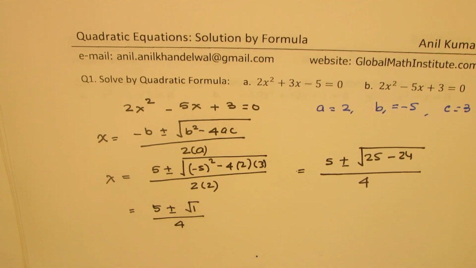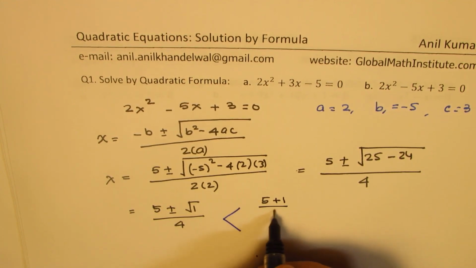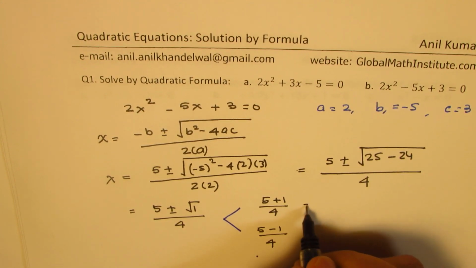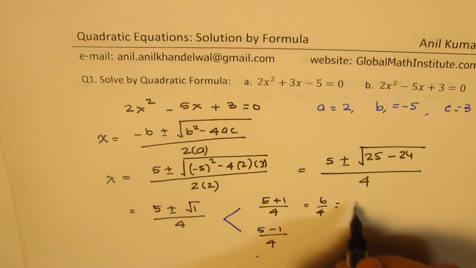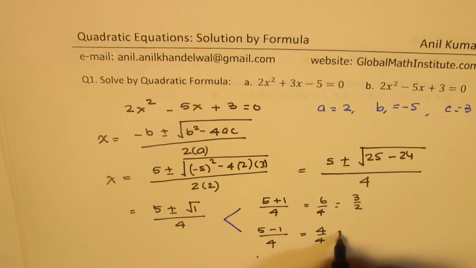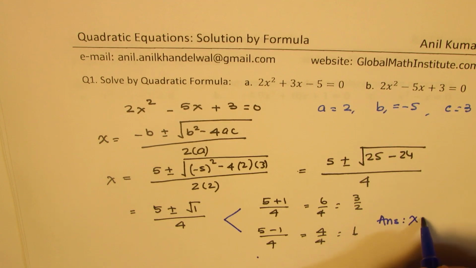So we have two solutions here. The solutions are 5 plus 1 over 4 and 5 minus 1 over 4, right? That is 6 over 4 or 3 over 2. And this is 4 over 4 or 1, right? So we have our solution, and that is x equals to 1 or 3 over 2.